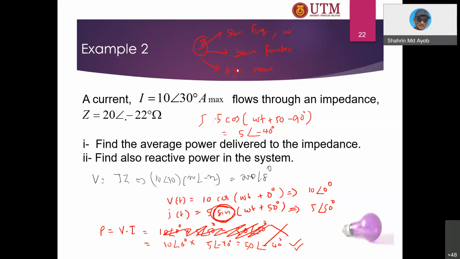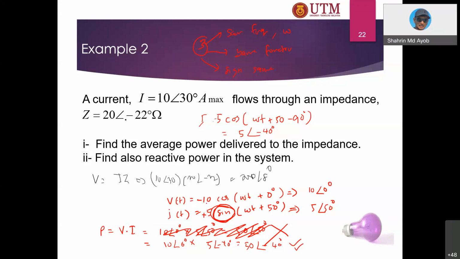The sign is actually the sign of the value, whether it is positive or negative. Because sometimes it is given like this, negative, and this one positive. So the voltage is negative 10 and the current is positive 5.